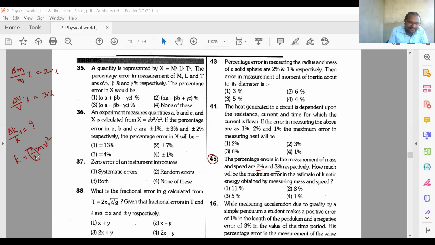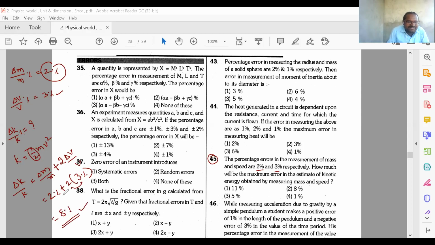Then by the second rule we can write delta k by k as delta m by m plus, since v square is there, 2 times delta v by v. Delta m by m is 2% given, so 2% plus 2 times delta v by v, which is 3% given. 2 threes are 6, 6 plus 2 is 8%.